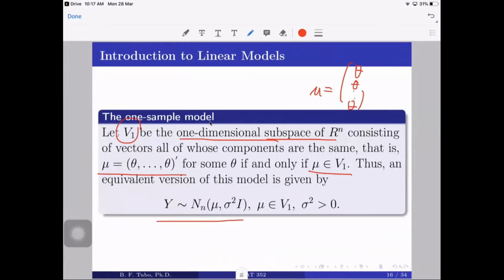So what changes is that you have defined where to look for your mean vector, what space, no? So here, the one-dimensional subspace. So in the coordinate free version, you just have to identify which space you are going to look in for your mean vector. Later in chapter 5, you will see that this mean vector is actually the projection of y onto V.